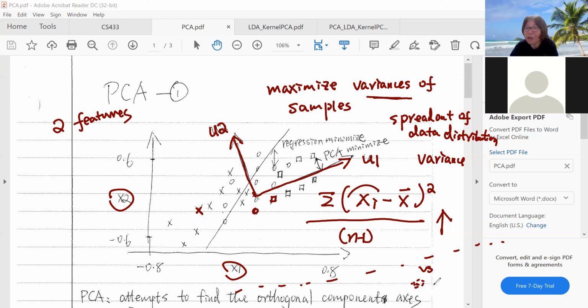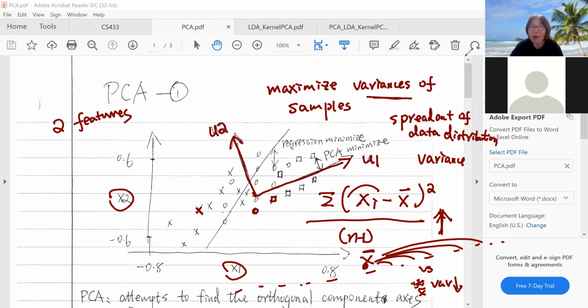Definitely in this one the variance is very low, and in the other case the variance is very high, so this is quite spread out. This is supposed to be the mean, and you measure each sample's distance away from it. In this case, here is your X, and you see it's pretty close. Okay, so we try to maximize the variance.